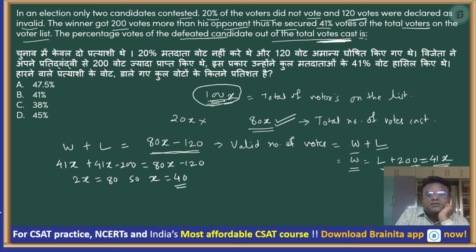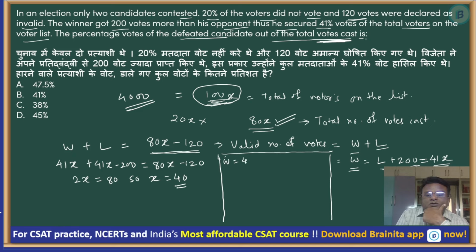That means 100x is equal to 40 into 100, 4000. These are the total number of the voters on the voter list. That number I got. Now I have been asked the percentage votes of the defeated candidate. So I want to calculate the votes of the defeated candidate. So defeated candidate's votes are equal to winner minus 200. Winner's votes are 41x.